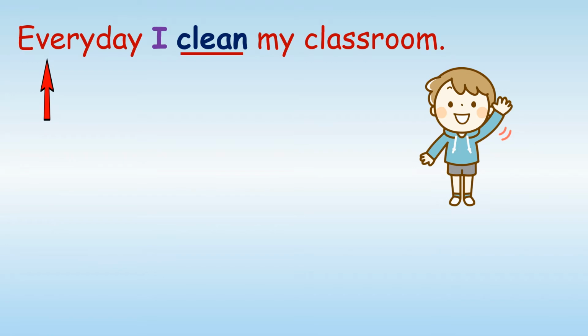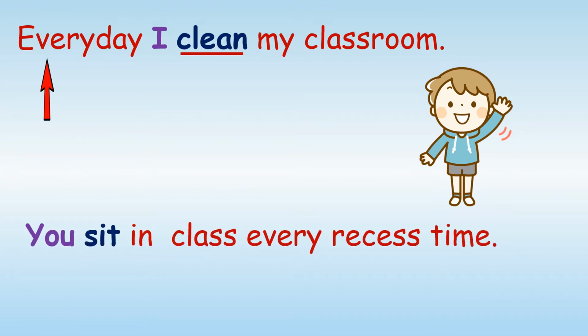Every day meaning it's a habit. It is done regularly. Then we did you in the present habitual tense. You sit in class every recess time. The verb is sit. We do not add any other letters to the verb, right? Every recess means it is a habit. So let us continue with today's lesson.